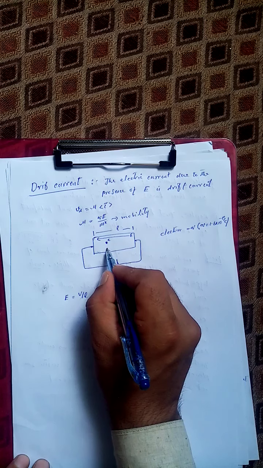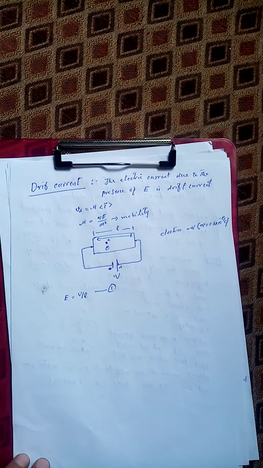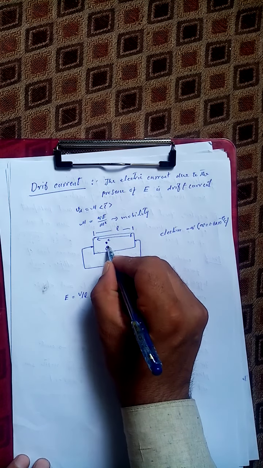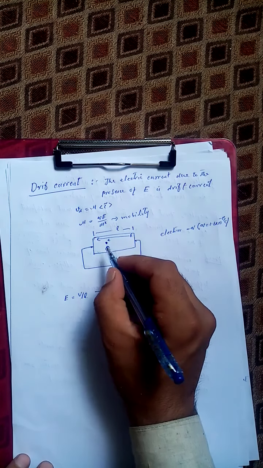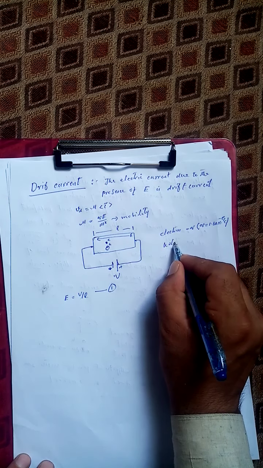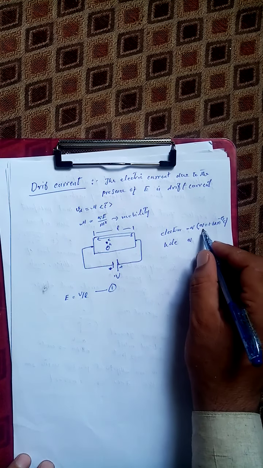And we have free holes, which are denoted by empty circles, H. The electrons are denoted by these dots, and holes are denoted by these circles. And the hole has a charge Q, and Q is this value.